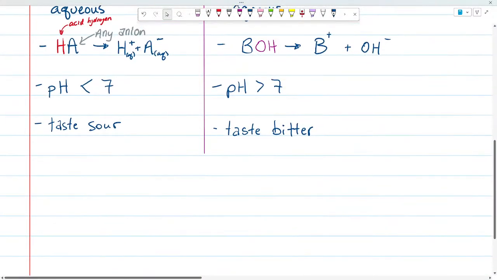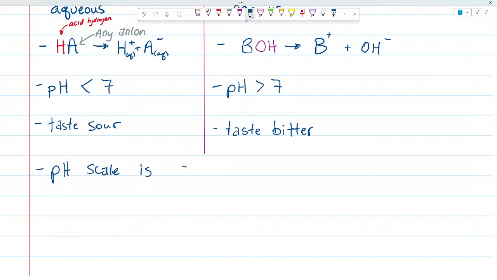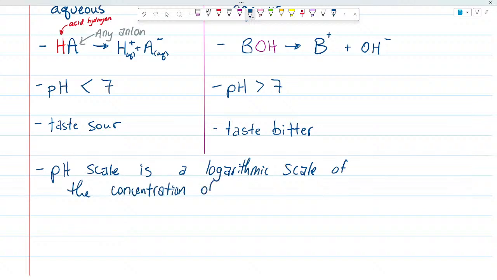Okay, and a reminder about the pH scale. It is a logarithmic scale. You don't need to know what that means. It's a scale of the concentration of H+ ions. In fact, it's a negative logarithmic scale, for what that's worth.